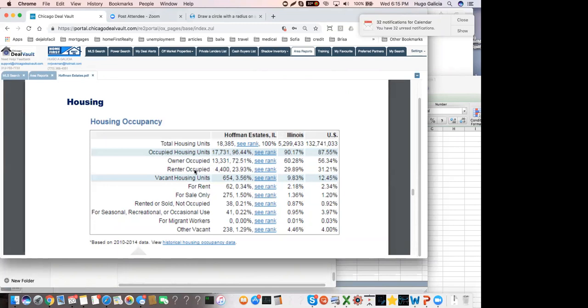And also renter occupied. Obviously the lower the better, because there are areas that have like 50-50, so there's going to be a lot of turnover if you're going to do a buy and hold. And then vacancy rates are crucial. You've got to focus on areas that have a vacancy rate below 10%, okay?